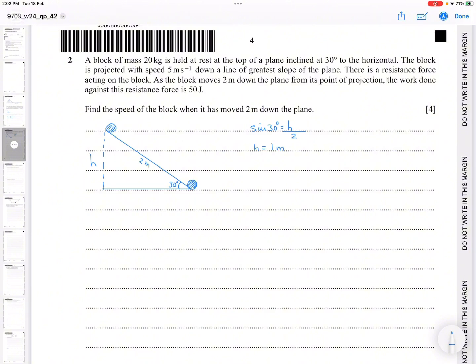So I'm going to use the work-energy principle, which is work done by driving force minus work done by resistance, and this is equal to change in mechanical energy.